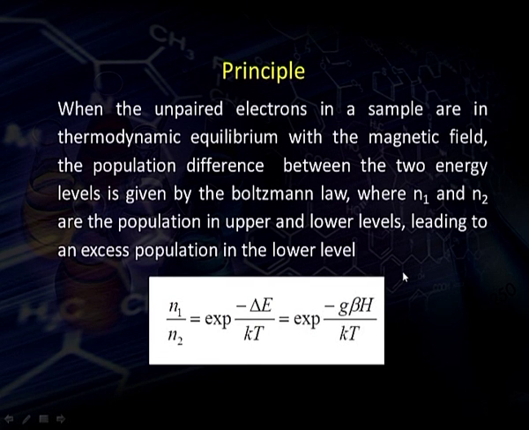When the unpaired electrons in a sample are in thermodynamic equilibrium with the magnetic field, the population difference between the two energy levels is given by the Boltzmann constant.